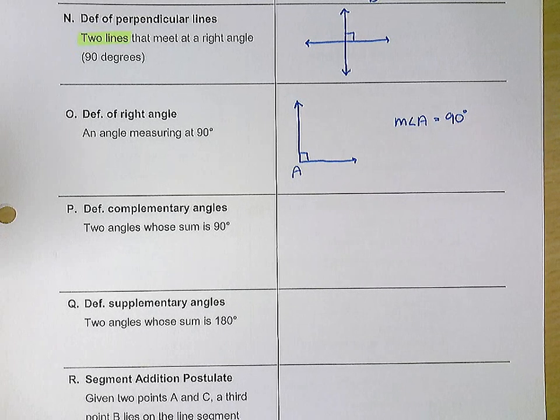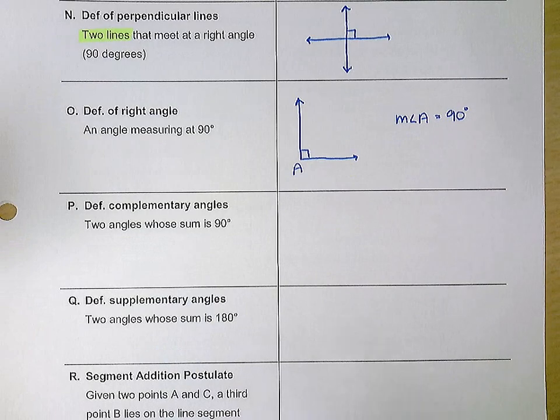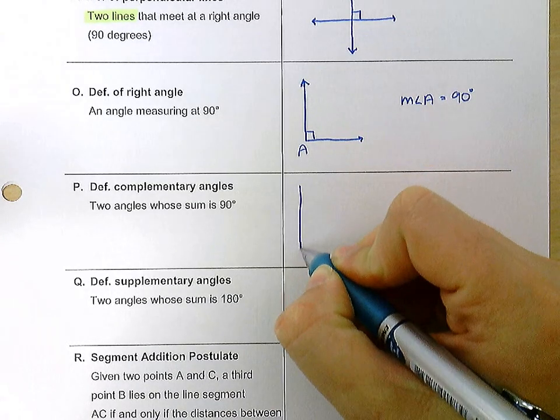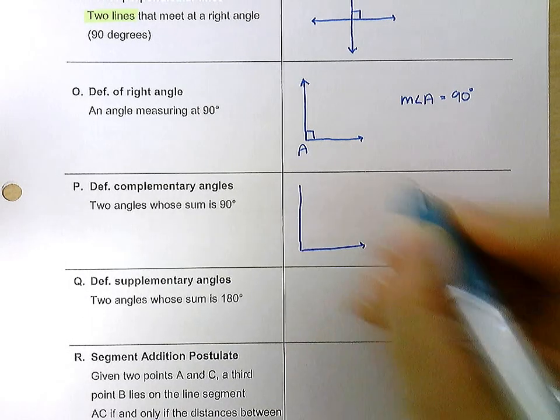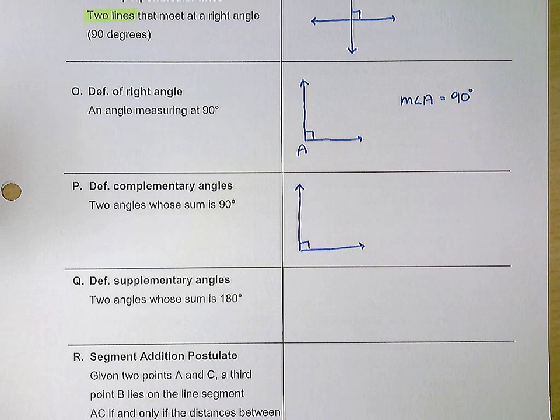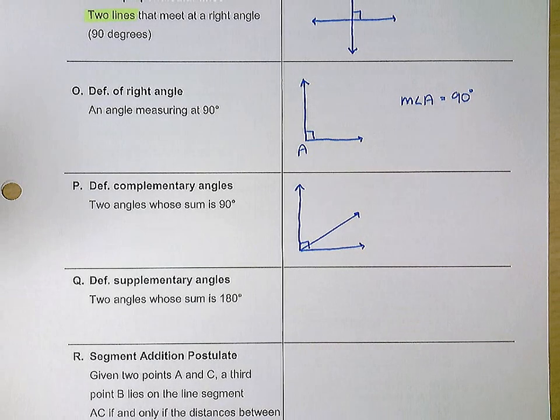Now with complementary angles, you do need two angles. So this is two angles that add to 90. So we'll draw a picture of that. I'll make them adjacent, so next to each other. So here's a right angle. But I need two angles that add to that. So I'm going to split that into two angles.